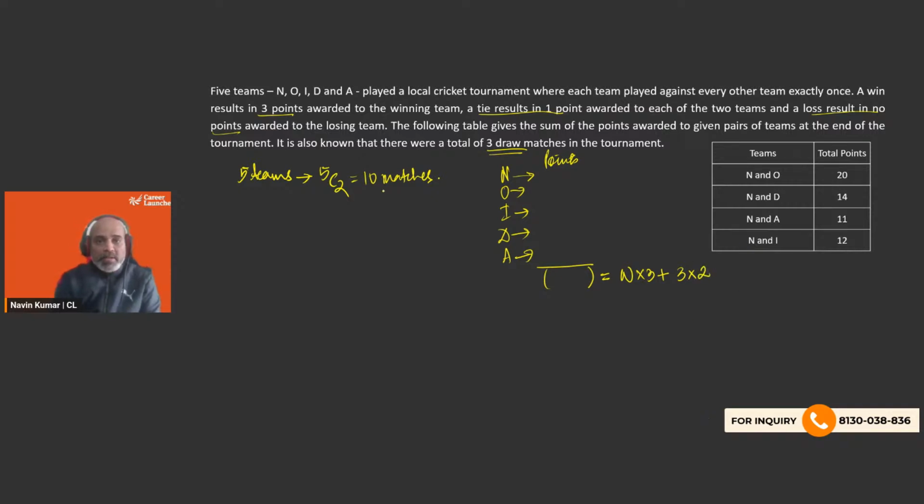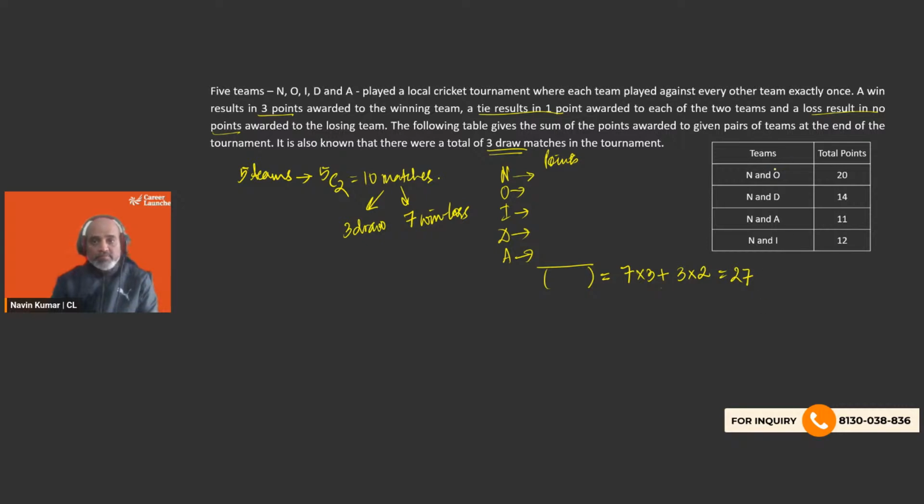Now, since out of 10 matches, we know that there are going to be 3 draw matches, that means the remaining 7 will result in a win-loss. So the value of wins here turns out to be 7. So this turns out to be 21 plus 6, that is 27 points.